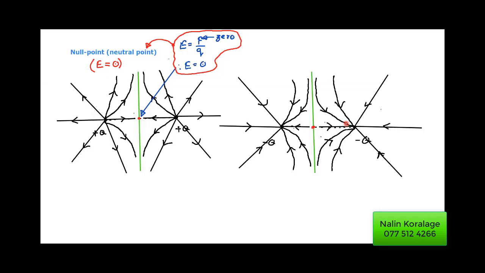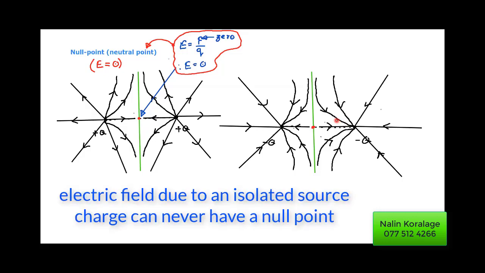So therefore, this is one very important statement. It leads to one very important conclusion, one very important thing to be remembered. If the electric field is only due to one charge, one particular source charge, there is no chance for the existence of null points, for neutral points.